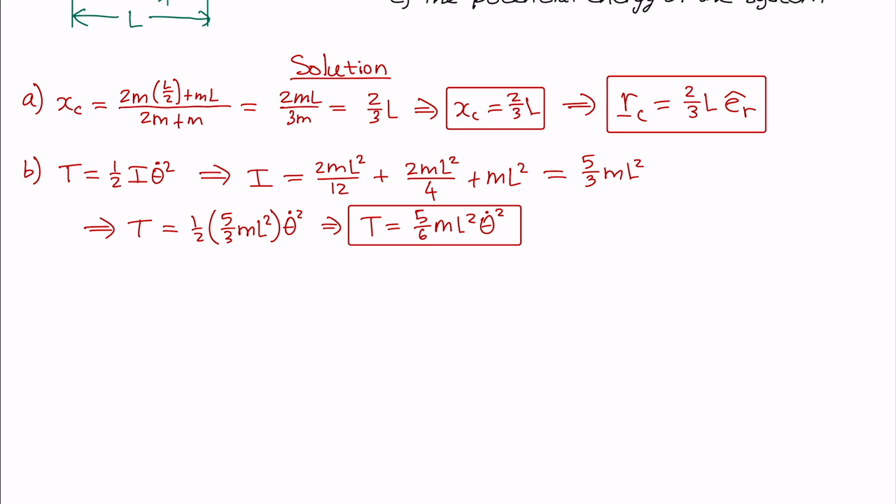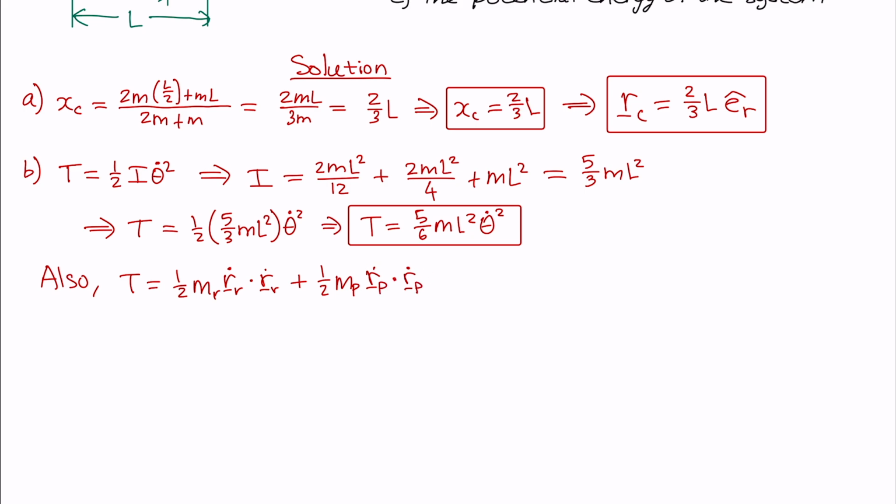Alternatively, you can write that the kinetic energy T is equal to 1/2 the mass of our rod times r dot R, so that is the velocity of the center of mass of the rod by itself, not considering that point mass, plus 1/2 the mass of that point mass times the velocity of the point mass dotted with itself.